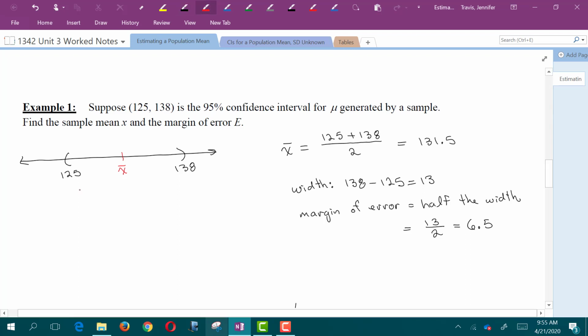So in other words, if I measure from here to here, this distance is 6.5, and then this distance is also 6.5. I know my drawing's not perfectly to scale, but you get the idea. And this is my E, my margin of error.